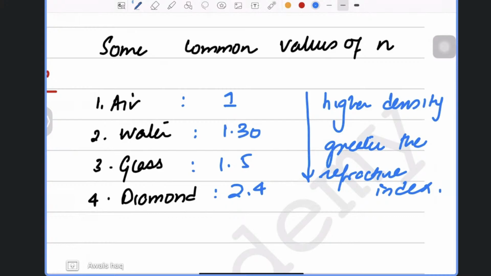And vacuum has no density at all because vacuum has no mass. So what I'm saying is that n cannot be below 1. Do you get my point? Yes, sir. So if you get a value of n in any of your answers less than 1, it means you have made a mistake. You should revisit that question again. You get it? Yes, I got it.